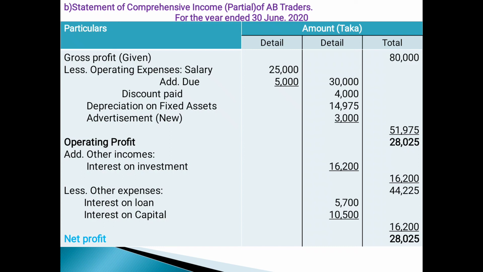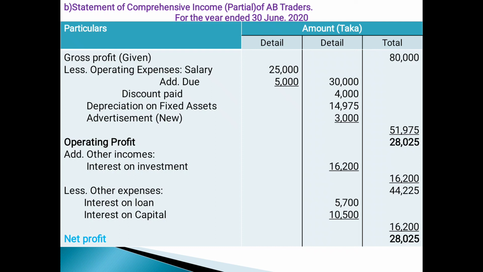Add other incomes. In this question, interest on investment is one kind of other income, that is non-operating income, 16,200, that is 81,000 into 20%. So 16,200 is to be added with the amount of 28,025. So at this moment the total is 44,225. Less other expenses. Interest on loan is to be charged on loan amount 57,000 into 10%, that is the amount of 5,700, which is a non-operating expense or other expense.